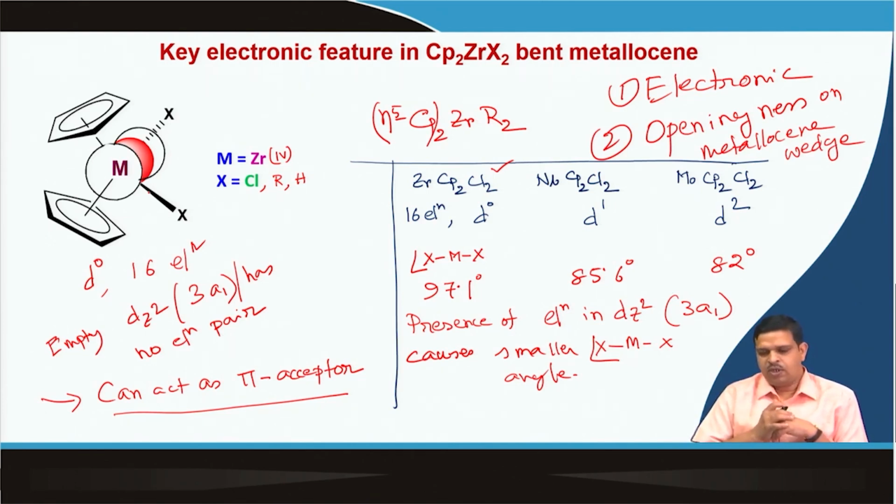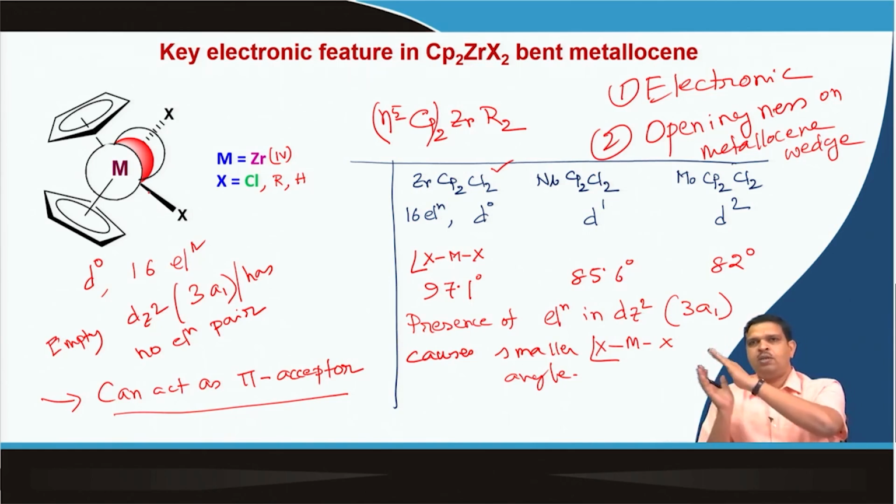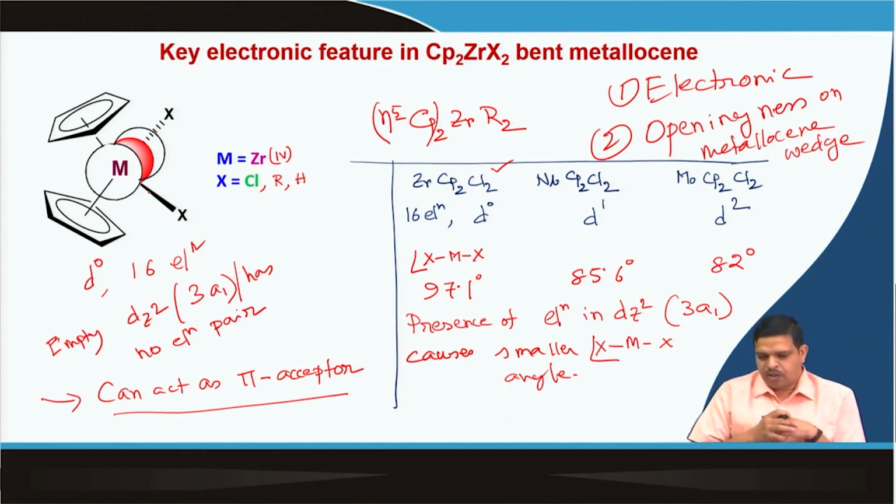That means the substrate can easily approach. But when we have electrons in this 3a1 orbital, for example niobium Cp2Cl2, the angle is reducing, like here 85 degree. If you have molybdenum with 2 electrons in this 3a1 orbital, it is further reducing.